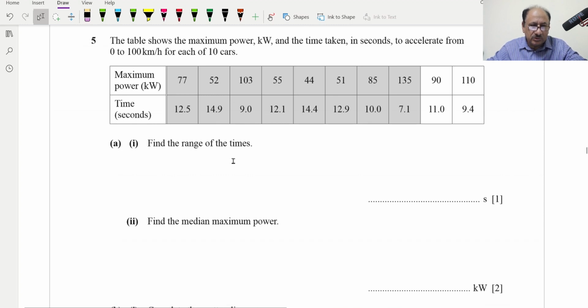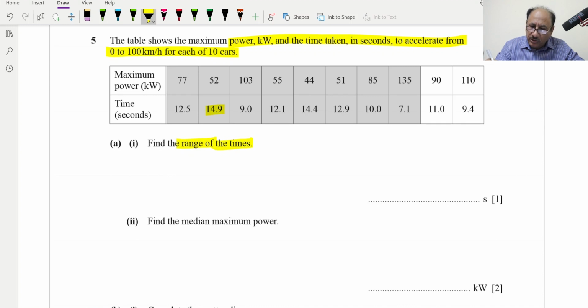The table shows the maximum power in kilowatts and the time taken in seconds to accelerate from 0 to 100 kilometers per hour for each of 10 cars. Now find the range. Range will be maximum minus minimum, basically the range for the time.